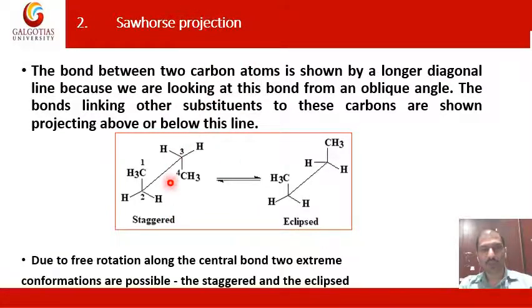We can also convert from Sawhorse to Newman projection. The conversion we will discuss later. First of all, we will discuss how to represent them individually, in the Newman and in the Sawhorse. As you have seen, in the Newman projection the rear carbon is a circle and the front carbon is a point.